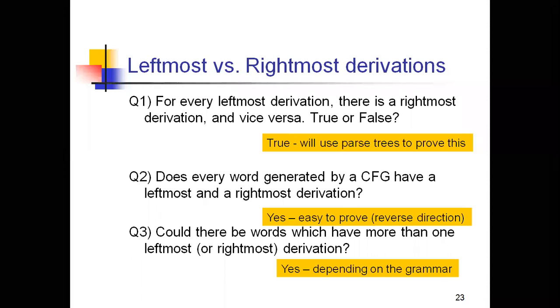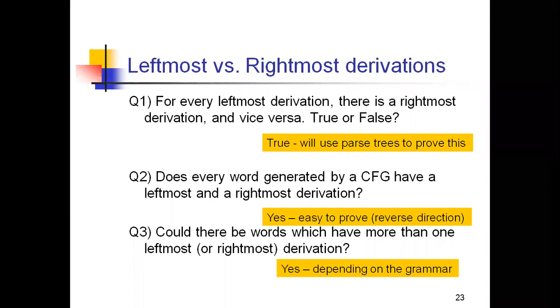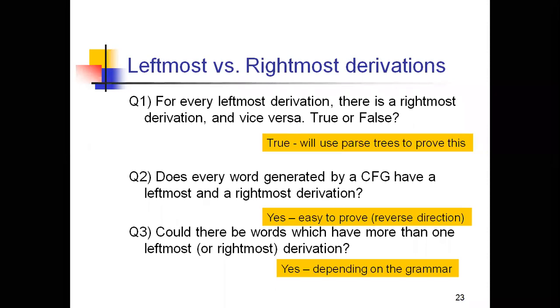The words which have more than one leftmost or more than one rightmost, it's totally depending upon the given grammar. So in the three questions on vice versa, finally we get that if there is a leftmost, automatically we can prove that it is a rightmost, right?